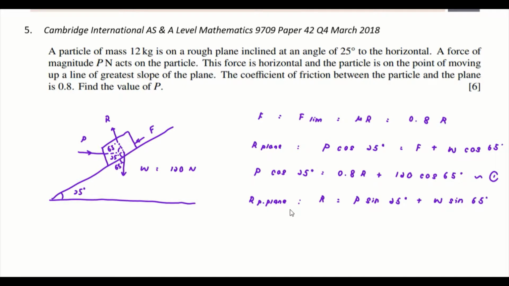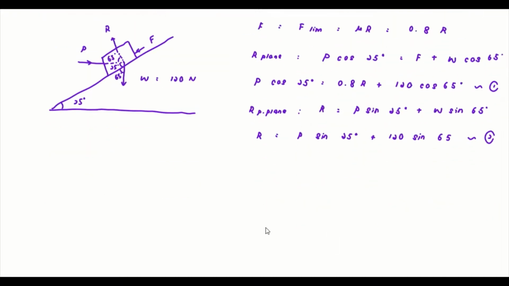Same thing here, we can substitute our W. So we have R is equal to P sine 25 plus 120 sine 65. Since we have these two, now we can substitute our R. Use number 2, substitute into number 1.